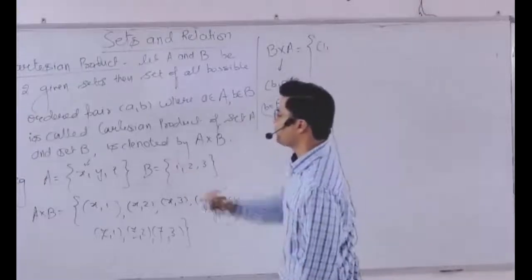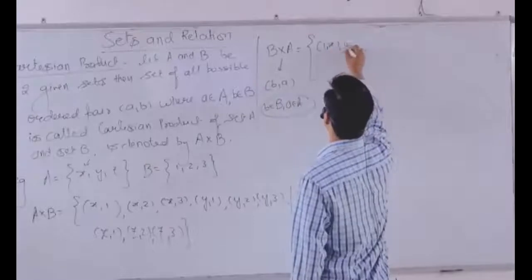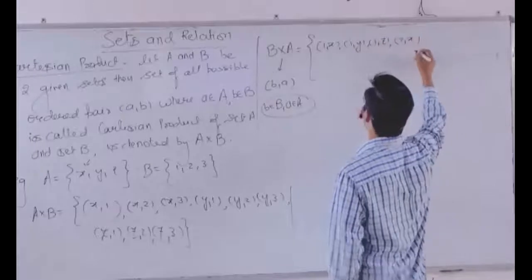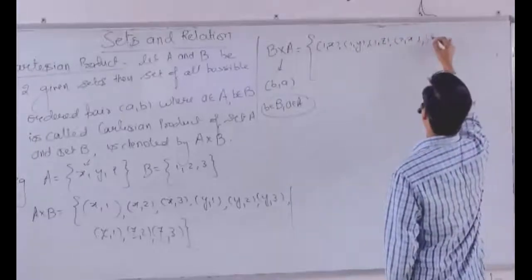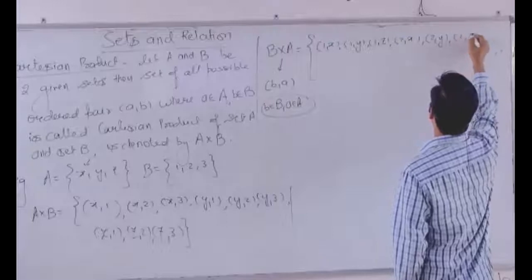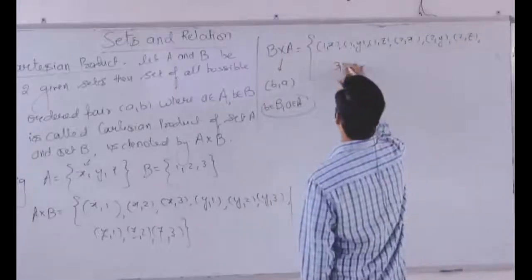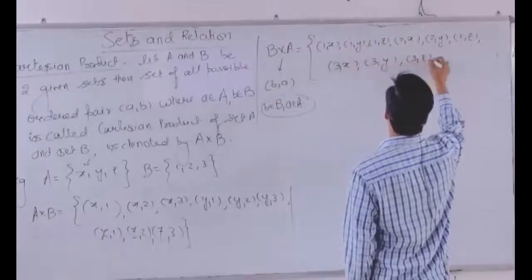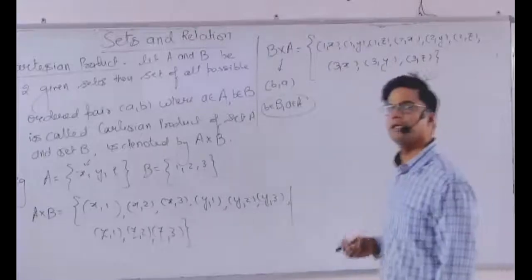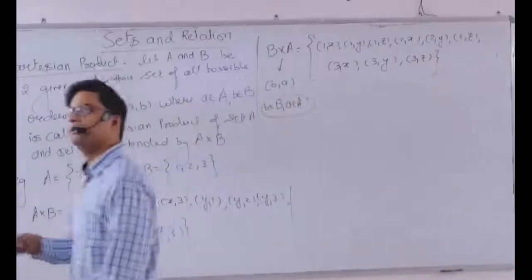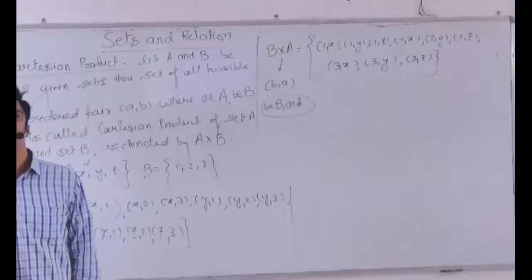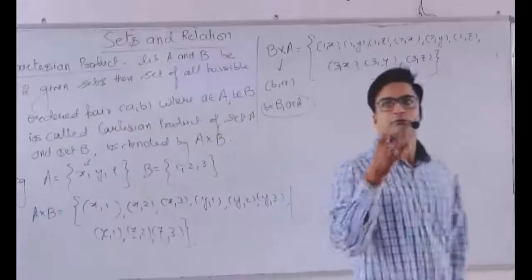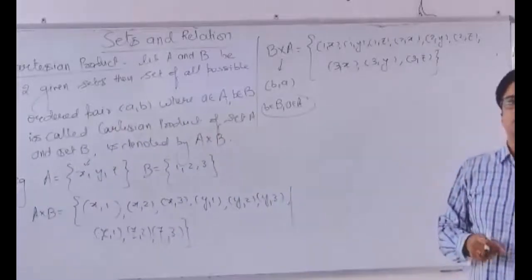Then the other entry from set A, so (1, x), (1, y), (1, z), (2, x), (2, y), (2, z). Similarly, (3, x), (3, y), (3, z). It will be the Cartesian product of set B with set A. Did you understand? Just type if you understood.